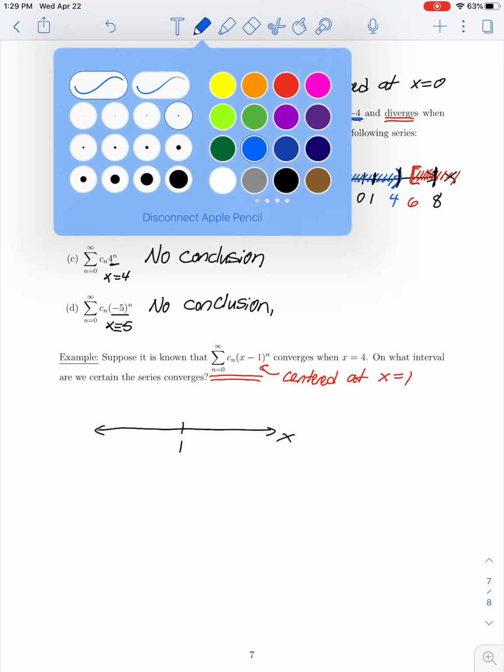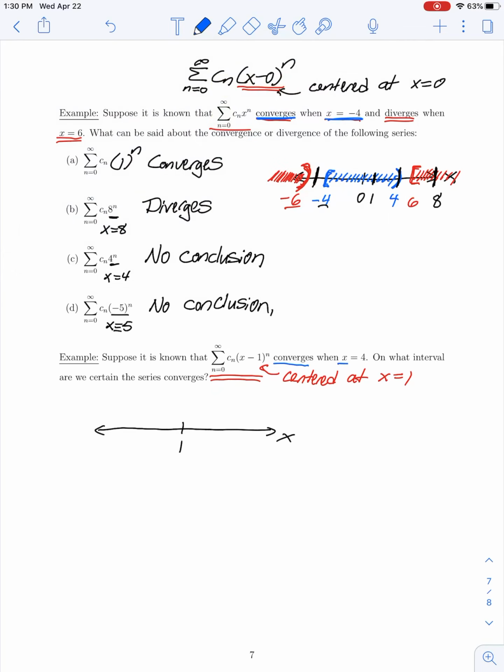Now we were guaranteed that we had convergence at x equals 4. So I can move 3 units to the right of 1 to get to 4. And so, since we are centered at 1, I know I can move at least 3 units to the left of 1, so that would be to -2. But I can't say for certain whether this left endpoint would be included.